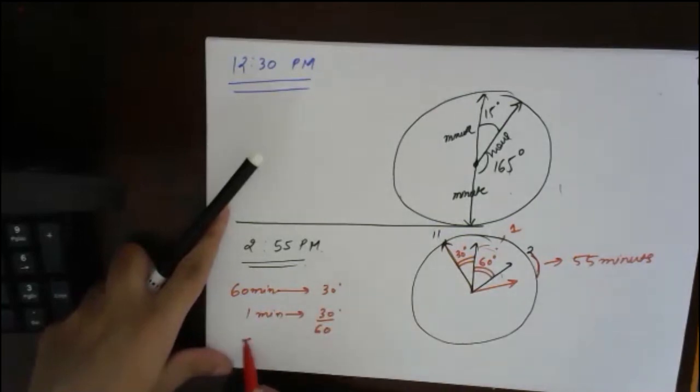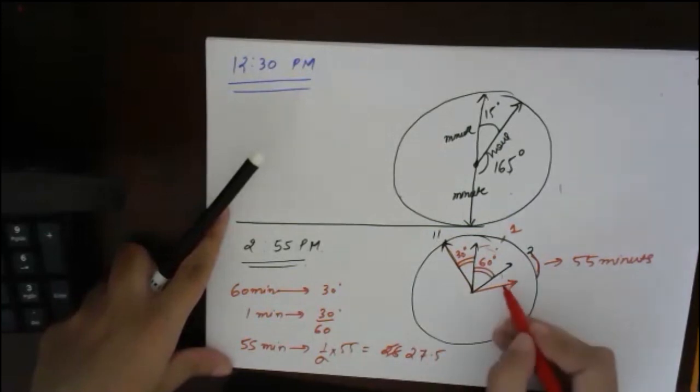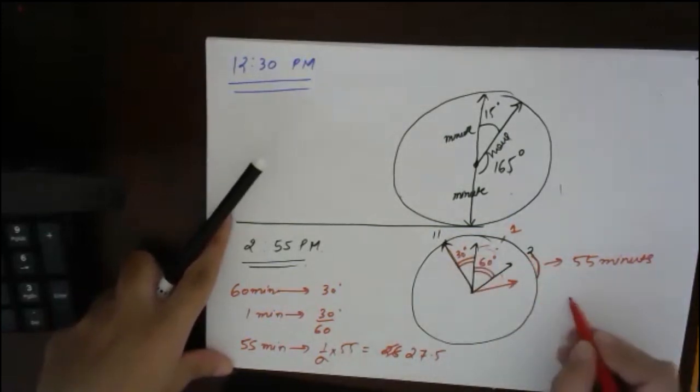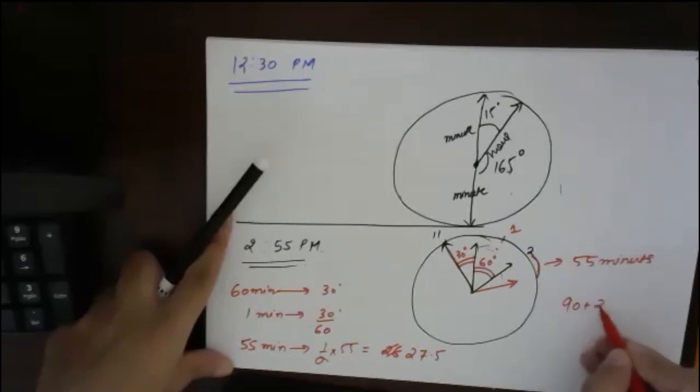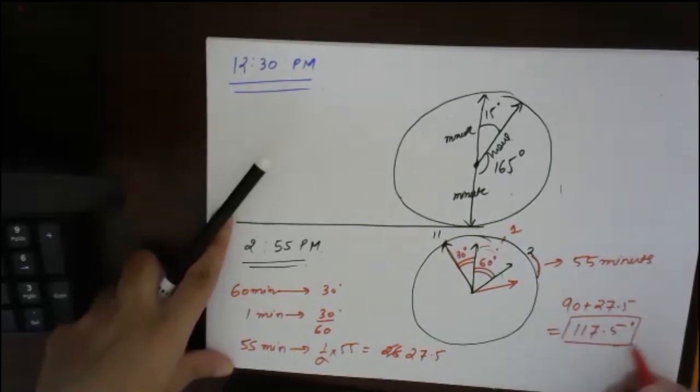For 55 minutes, it is 1 by 2 into 55, so this is 27.5 degrees. So the total angle will be 90 plus 27.5, which is 117.5 degrees.